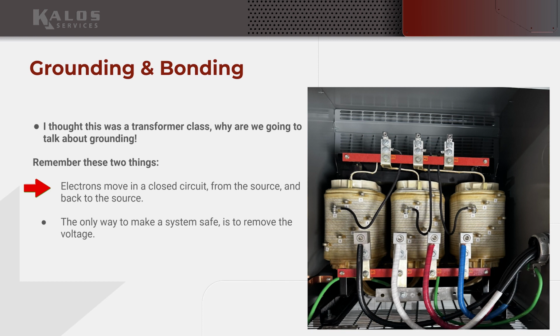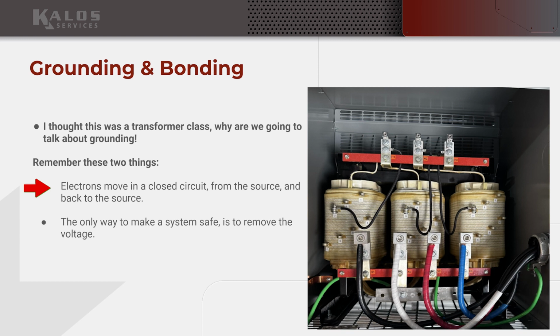A lot of times when we ask somebody, where are electrons trying to get to, folks will say, well, it needs to get back to ground. It needs to get to Earth. This is why we ground circuits, so that electrons can get back to Earth. That's not the case, unless you're talking about lightning, in which case the source is the Earth. Electrons move in a closed circuit.